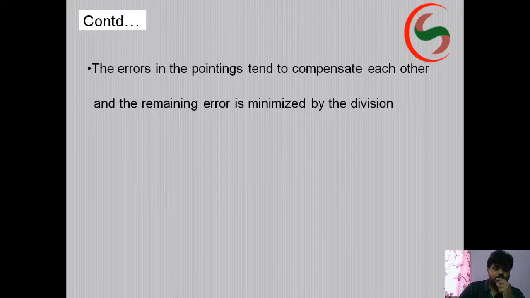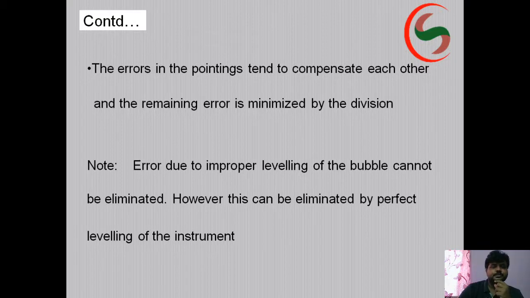Next, the errors in pointings tend to compensate each other and the remaining error is minimized by the division. So all the errors over n number of repetitions are compensated and minimized by taking the average. Now one important thing: error due to improper leveling of the bubble cannot be eliminated. Why?